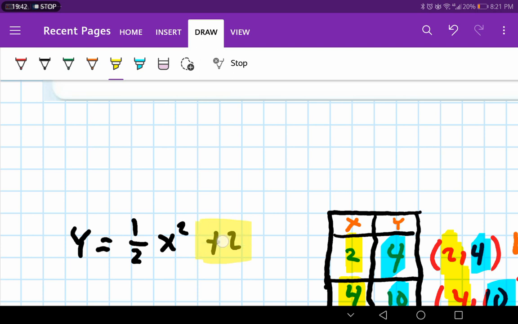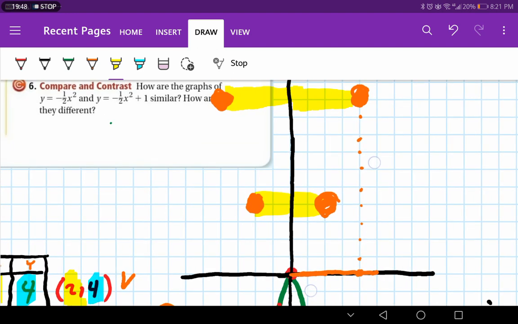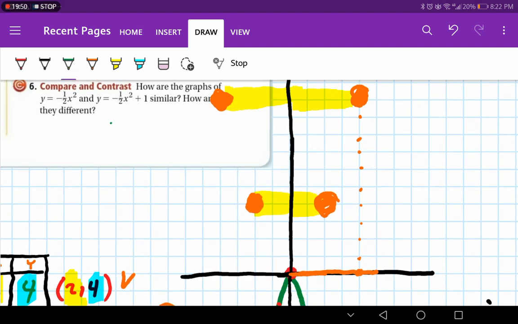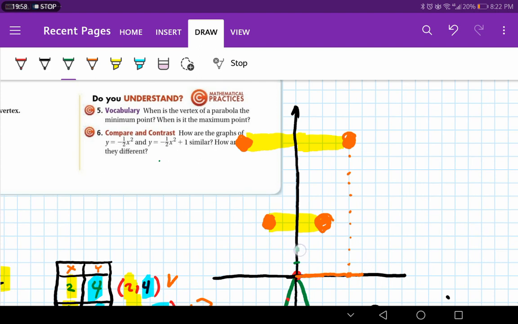Yes, plus what? Plus 2. So you have to count 2 up, so you have to start from 2. It is 1 and 2 from here, and connect the points as you know before. So this is the first connection, and this is the second connection.